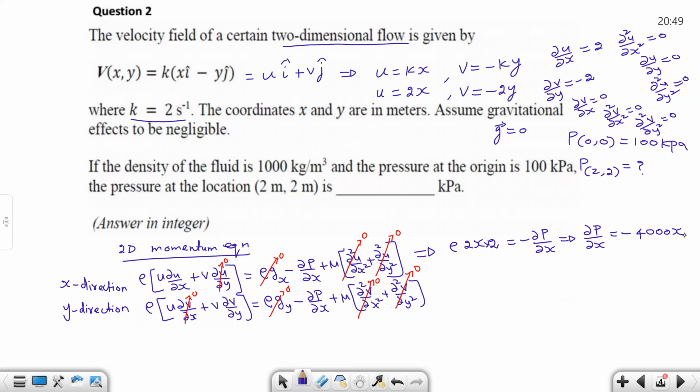Similarly, you come to here. Rho is rho. V is minus 2y. Dou v by dou y is minus 2. Minus dou p by dou y, sorry. This gives you dou p by dou y.